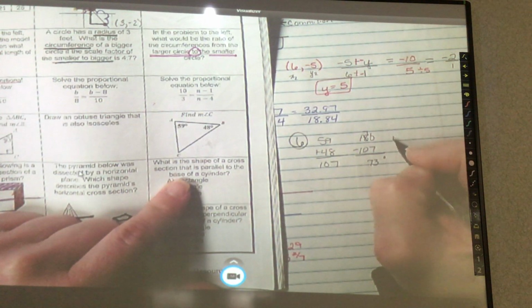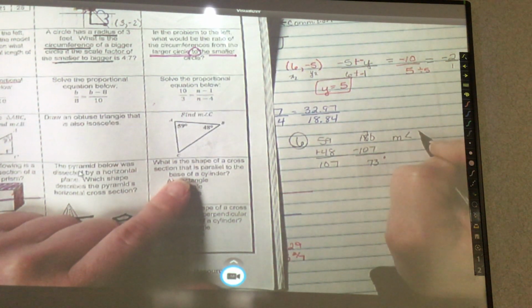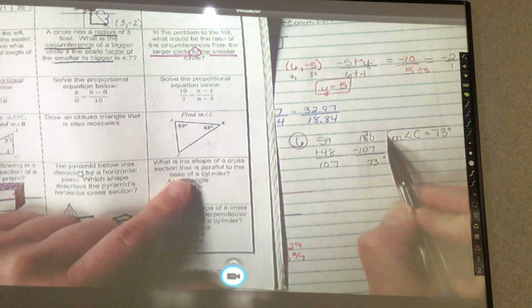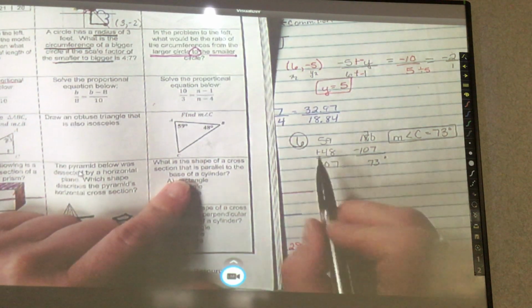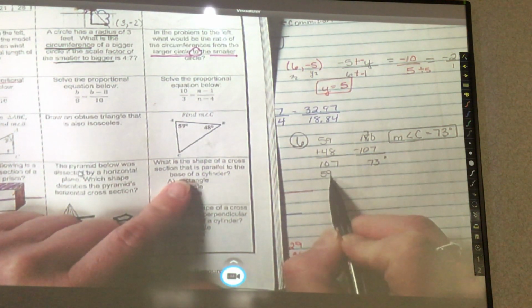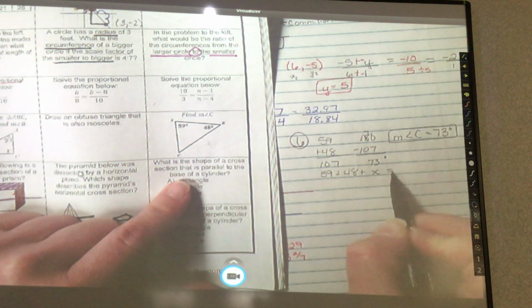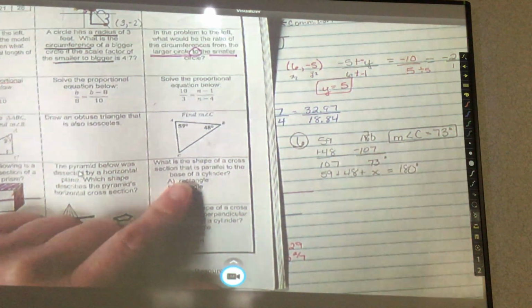You want to rewrite it, measurement of angle C equals 73 degrees. And you could have set it up as an equation, 59 plus 48 plus x equals 180 degrees.